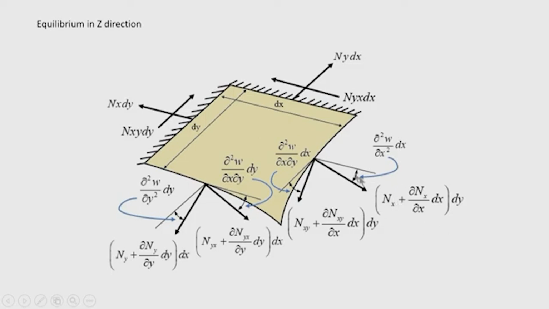That is the incremented n x on the opposite face, and due to deflection of the plate, this force is now making an angle with the normal to the edge. This angle is nothing but the change of slope. If I take the slope as del w by del x, the rate of change of slope will be del by del x of del w by del x, and this change occurs over a length of dx, so it is multiplied by dx.